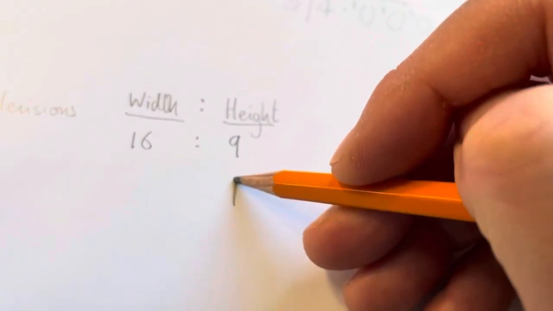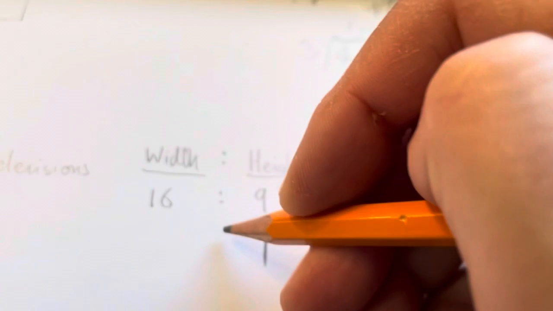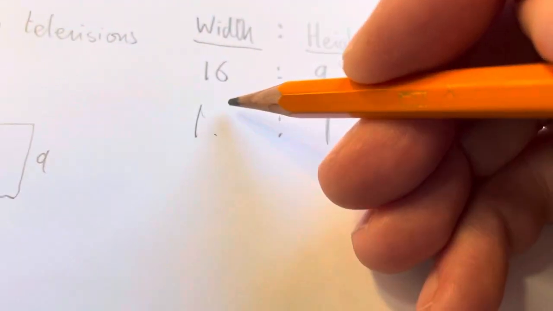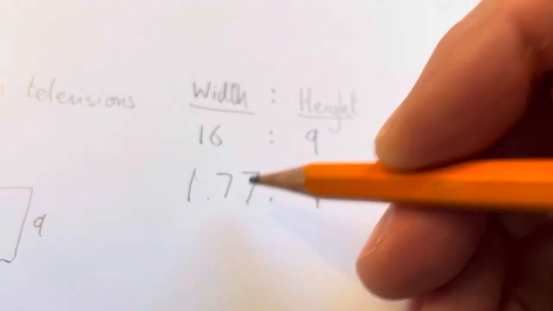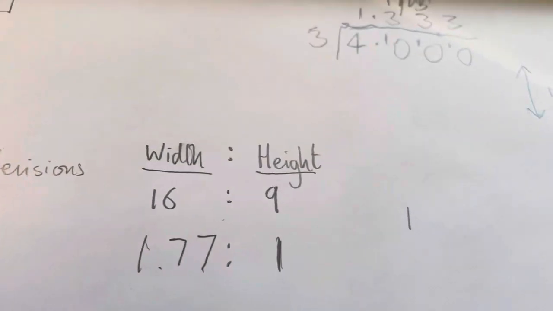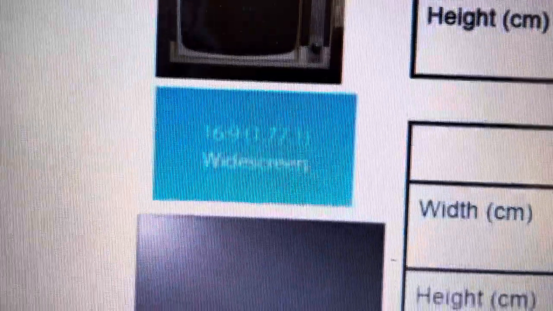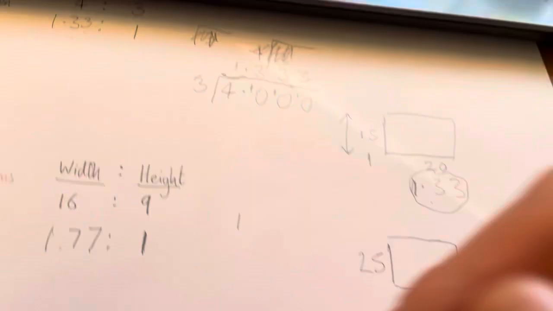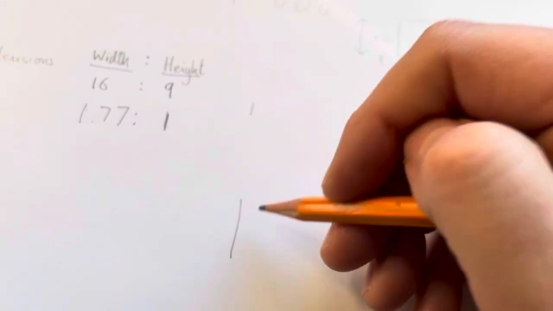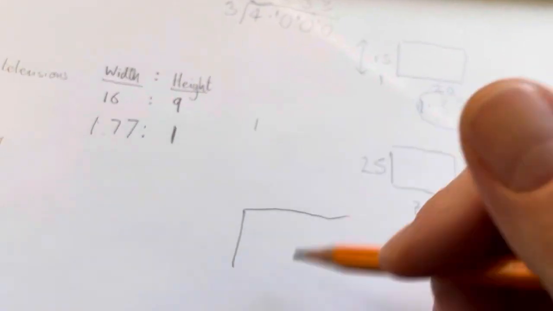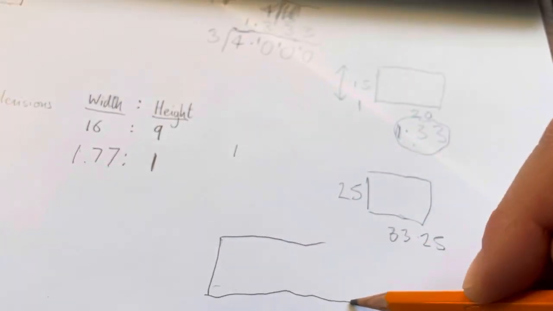So a simpler way we can say that is, for every 1 centimeter of height, you're going to have, we'll just do it to 2 decimal places to make it workable, 1.77 to 1. You might notice that's another way of saying it, 1.77 to 1. So again, whatever the height is, the width is going to be 1.77 times as much.